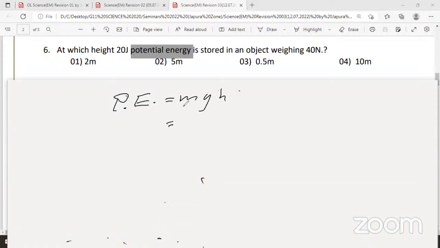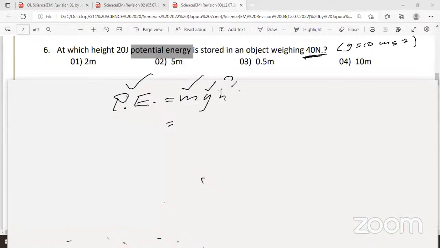So they ask from which height the potential energy is given, right? G, gravitational acceleration, usually they will give that in the exam. If you want to write it here, g is 10 m/s squared, the gravitational acceleration of the earth is constant. So it's known. M is also known, because the weight is given. If you know the weight, you can find the mass.